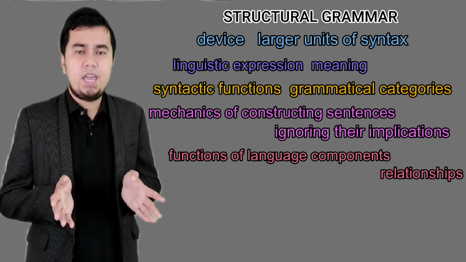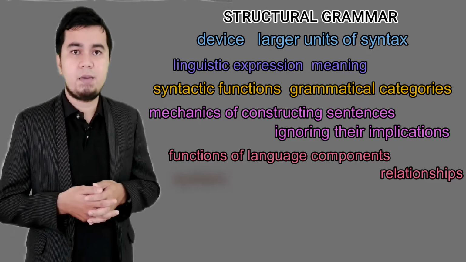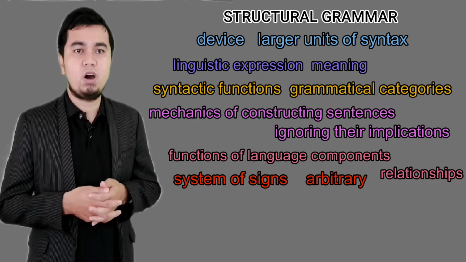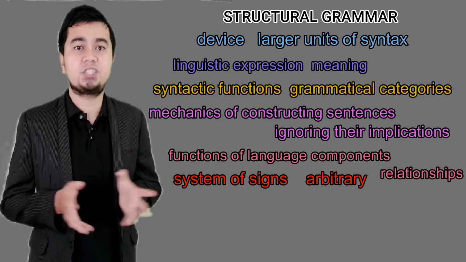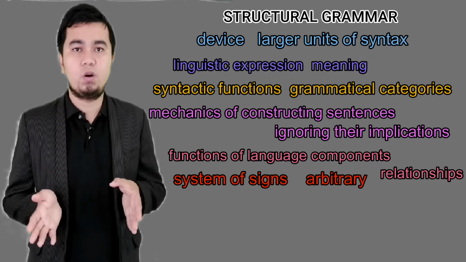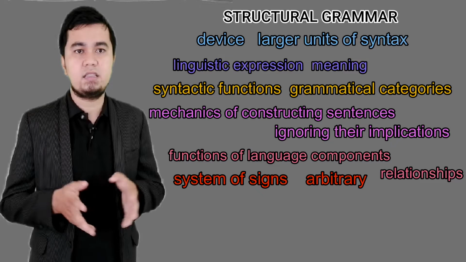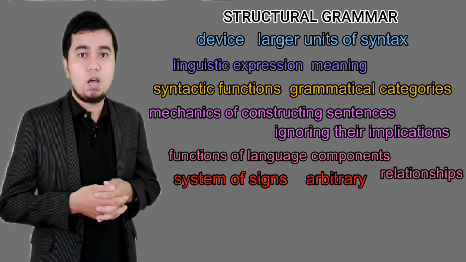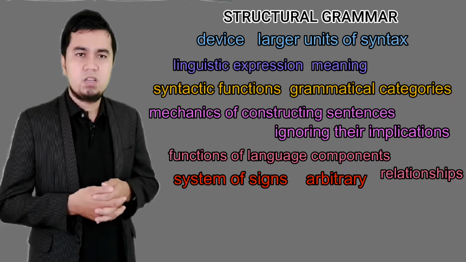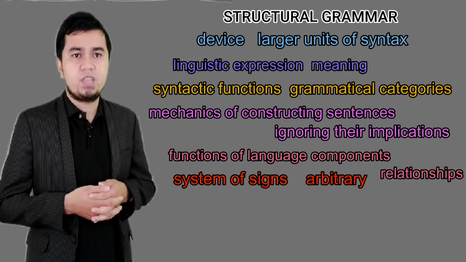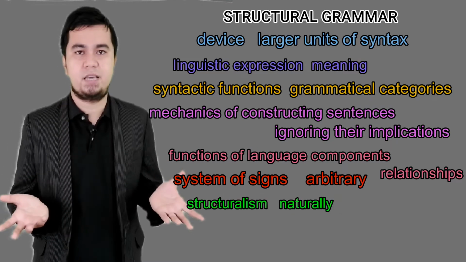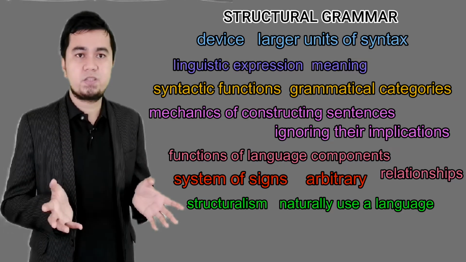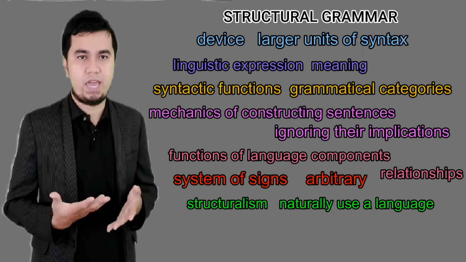Here, a language is seen as a system of signs. So the bond between the form and the meaning of a linguistic expression is arbitrary. This means linguistic forms are not in any physical correspondence with the entities in the world to which they refer. Structural grammar is based on structuralism, a philosophy that postulates a description of how language is actually spoken.